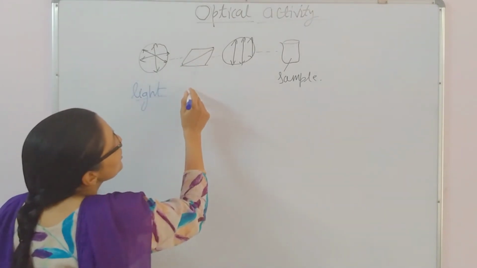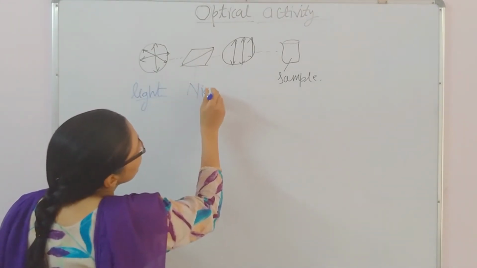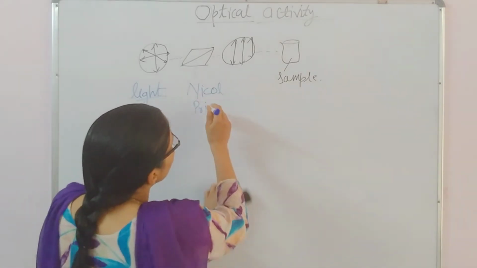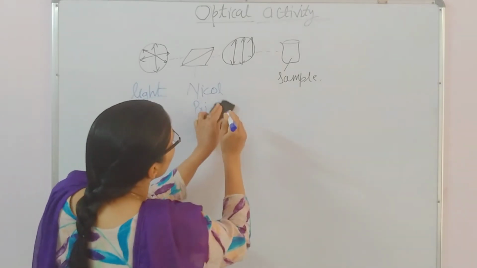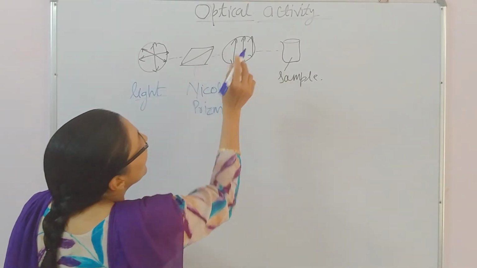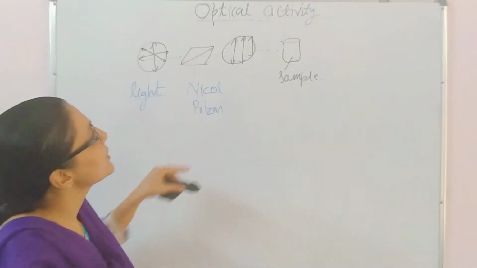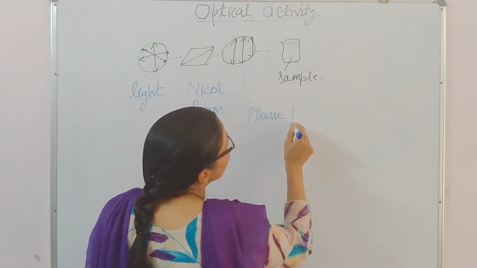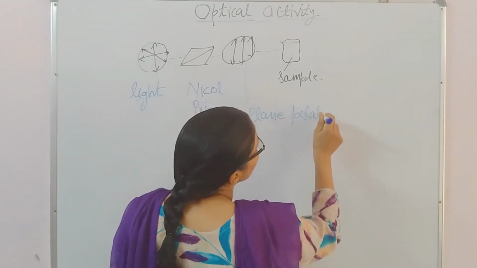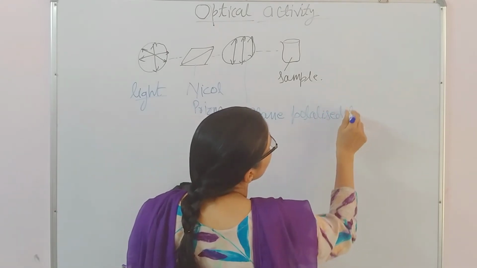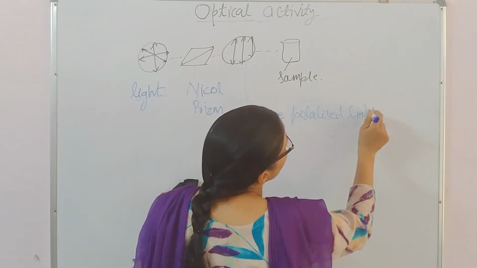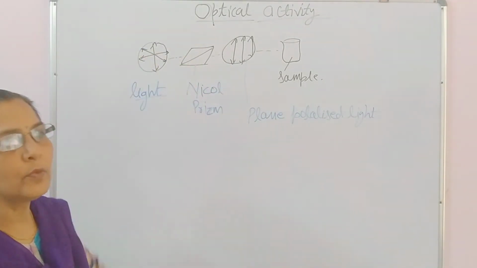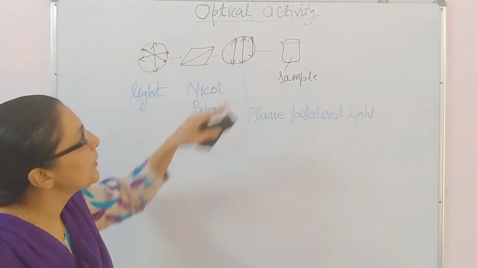When this light radiation is passed through a Nicol prism, then we get light known as plane polarized light. It means we have plane polarized light in which the radiation moves in only one plane.